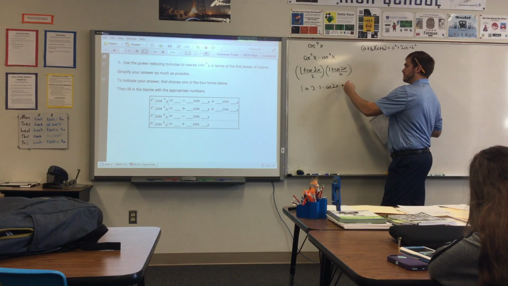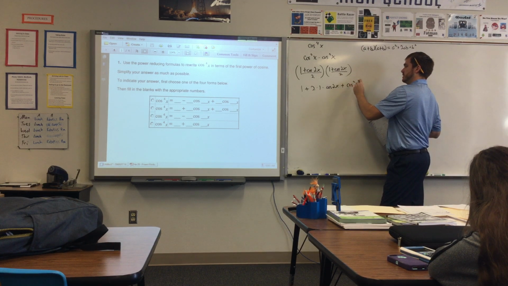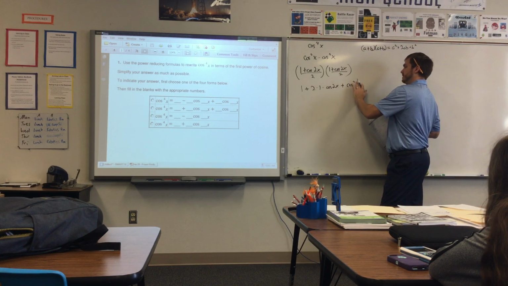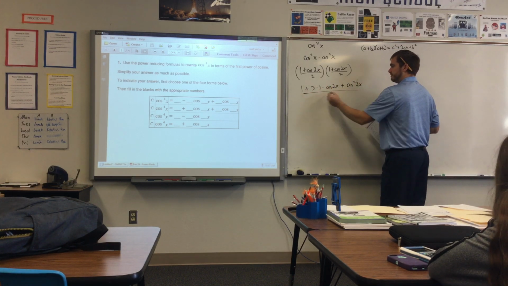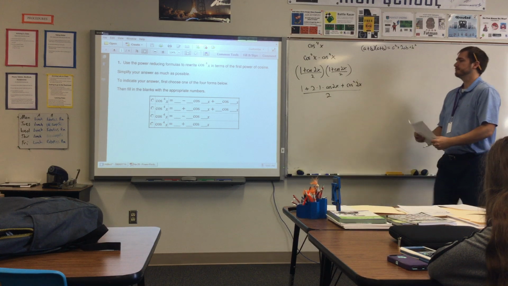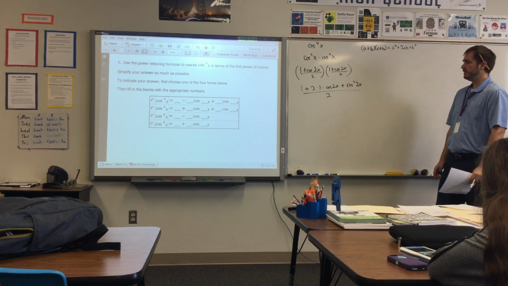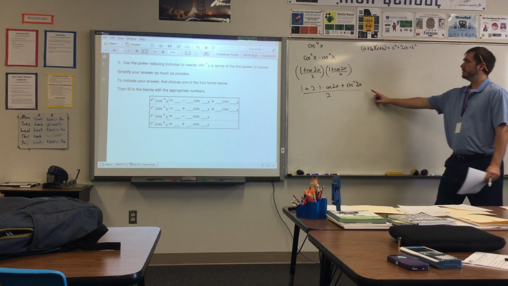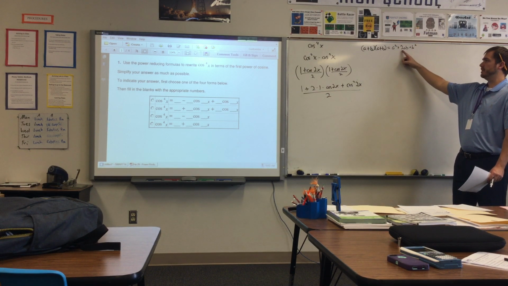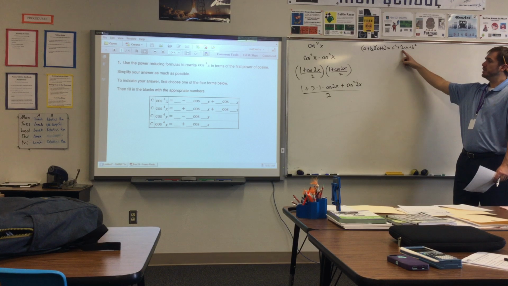So that's going to be cosine squared of 2x. Where'd you get the 2? Why am I multiplying a 2 right there? Because of the 2ab. Okay, so 2 and then.